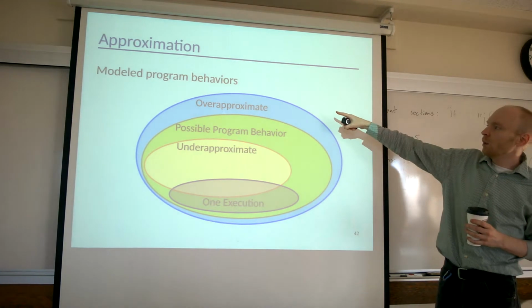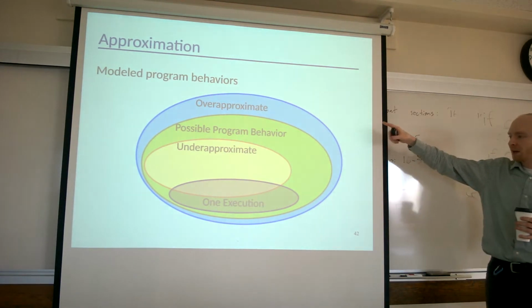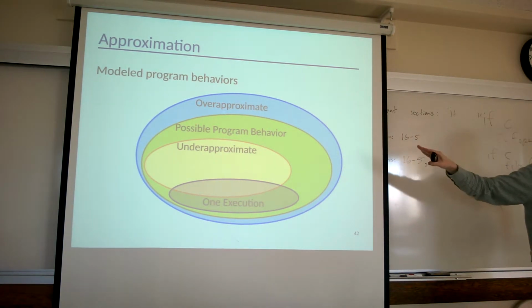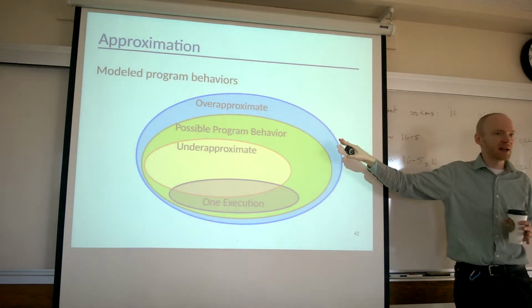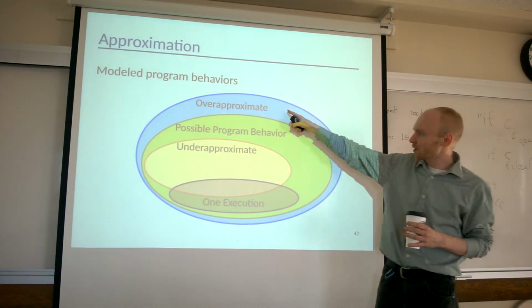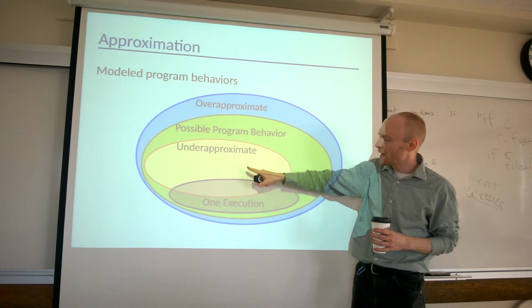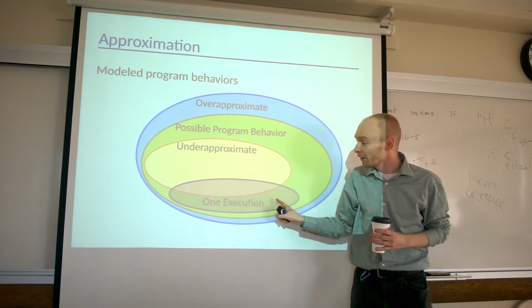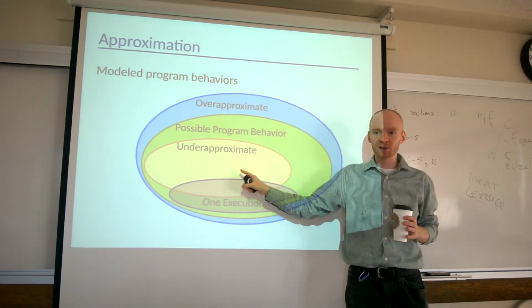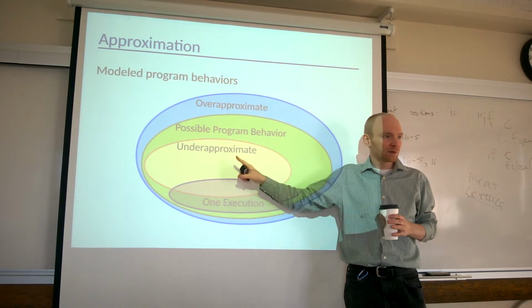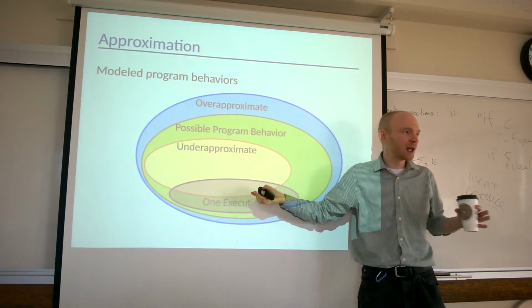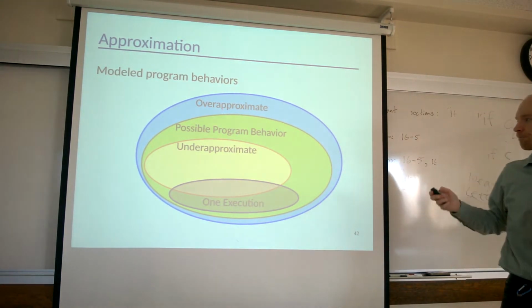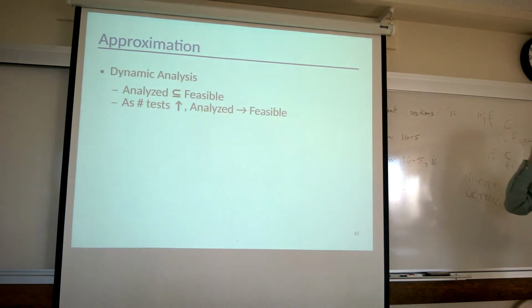So, when we look at how dynamic analysis fits into these notions of approximation, we saw the same slide when we introduced static analysis. We have over-approximate behavior and under-approximate behavior, and one execution is a type of under-approximate behavior. If you have two different under-approximations, they may or may not overlap, but each is a subset of possible program behaviors.